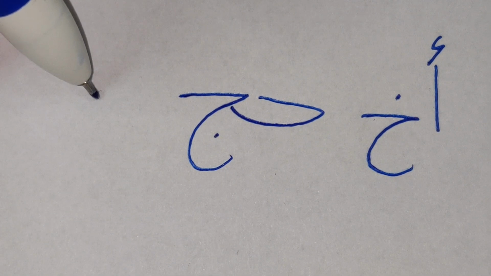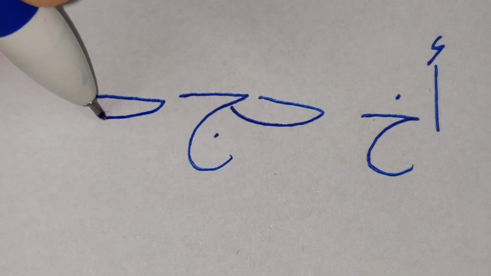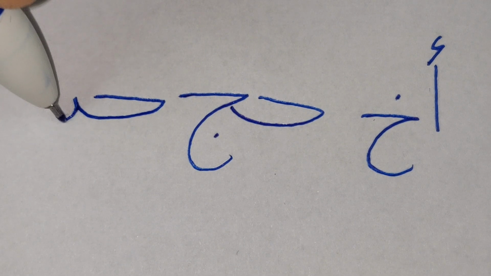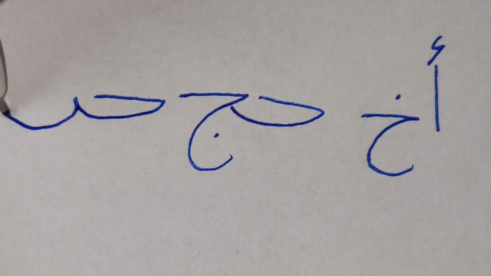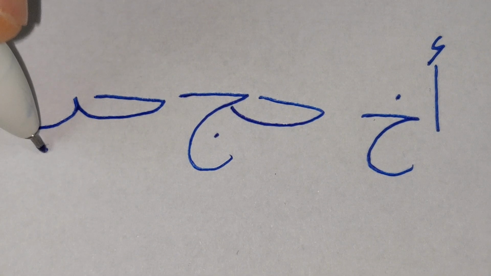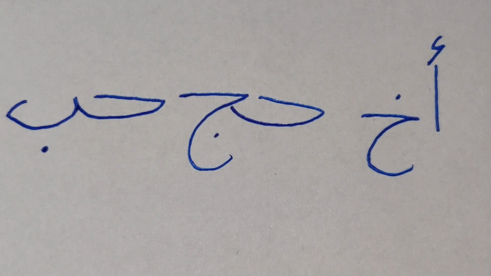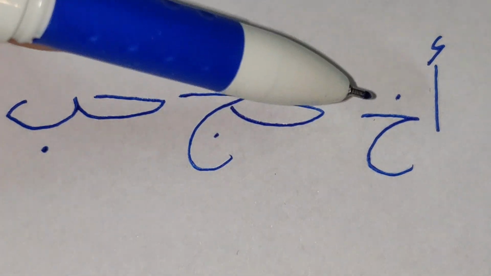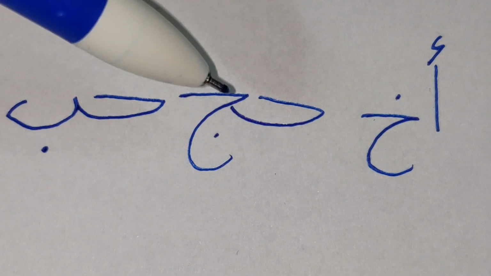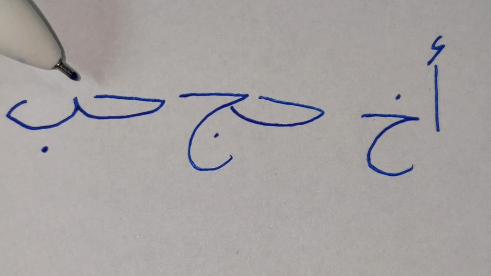We're going to use ha and the previous letter ba, and we have hub, which means love. So akh, hajj, hub. Brother, pilgrimage, love.